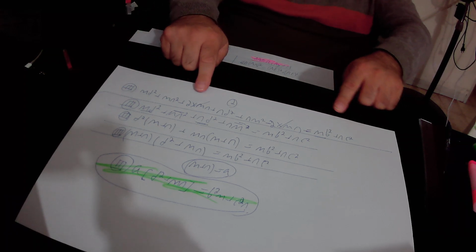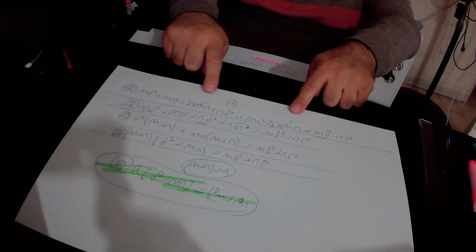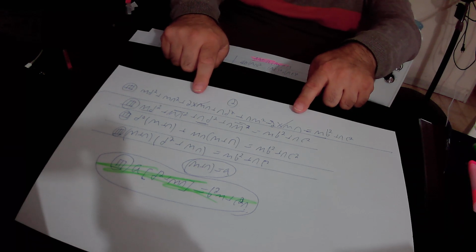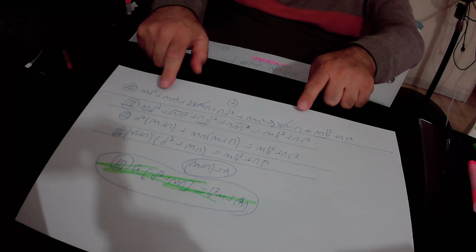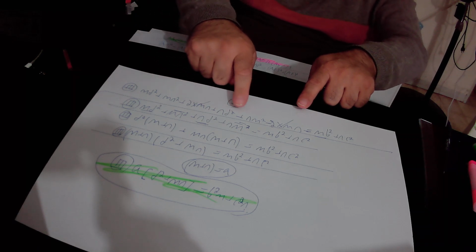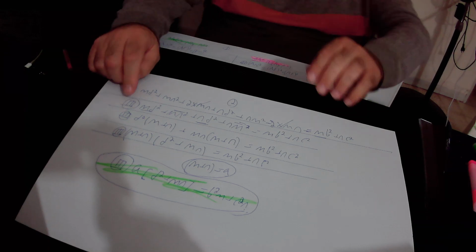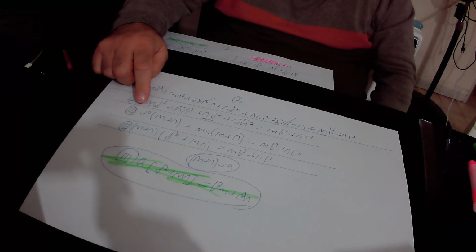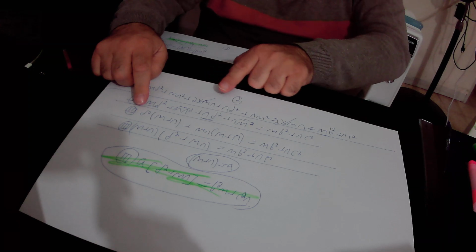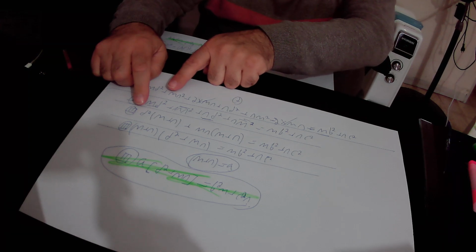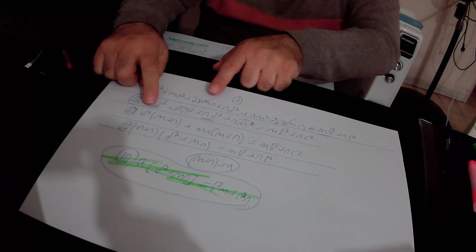We have plus 2xmn minus 2xmn is 0, so those two expressions get cancelled, and we are left only with md squared plus mn squared plus nd squared plus nm squared equals mb squared plus nc squared. Then we took out d squared as a common factor from nd squared and md squared, so inside the brackets we are left with m plus n.